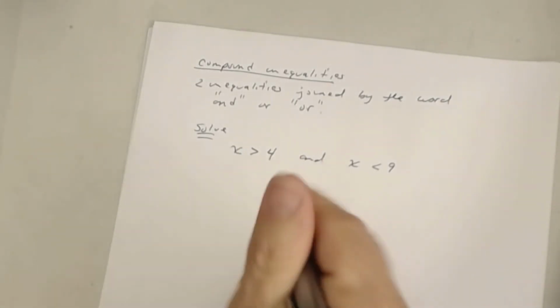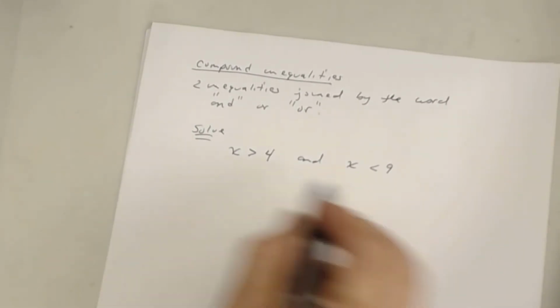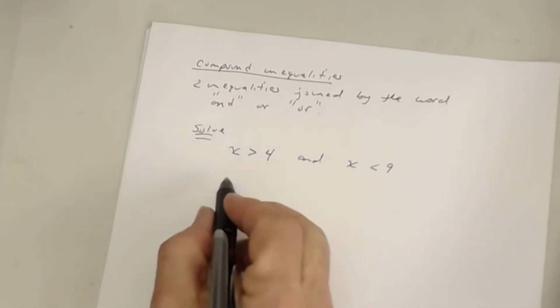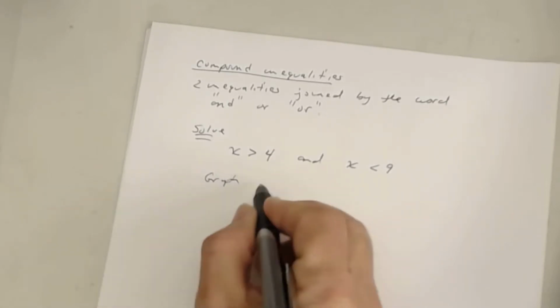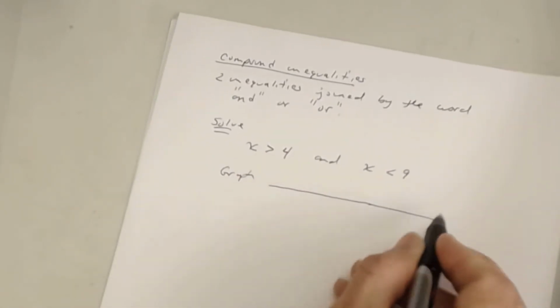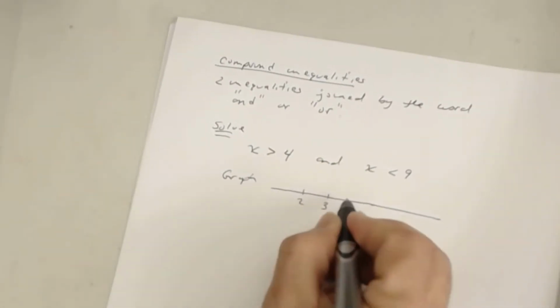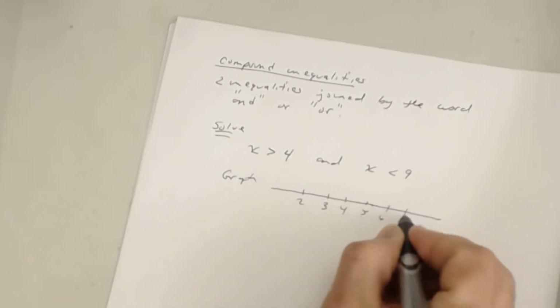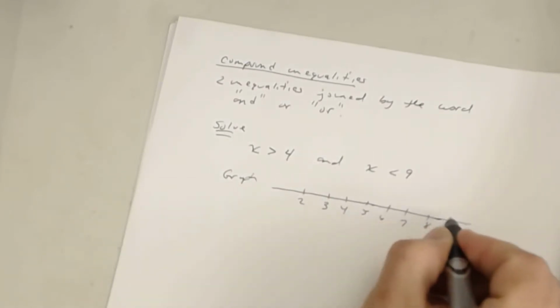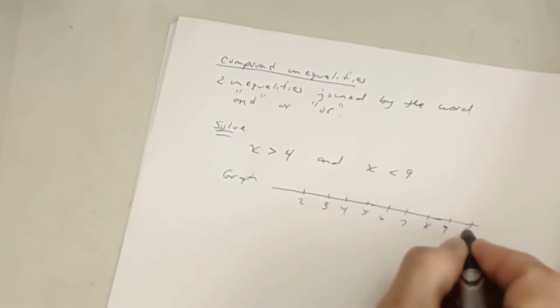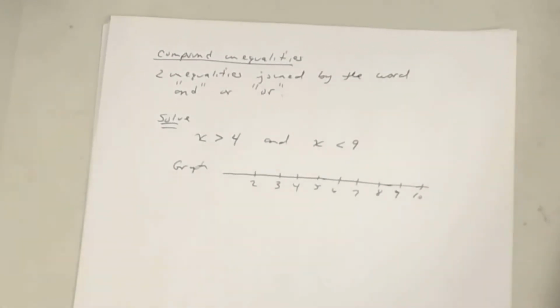So if I ask you to graph it, just like before, because there's an infinite number of solutions, you can't list them. So the graph: if I have, let's say, 2, 3, 4, 6, 7, 8, 9, 10. Remember, if there's an equal sign, you use a closed circle.